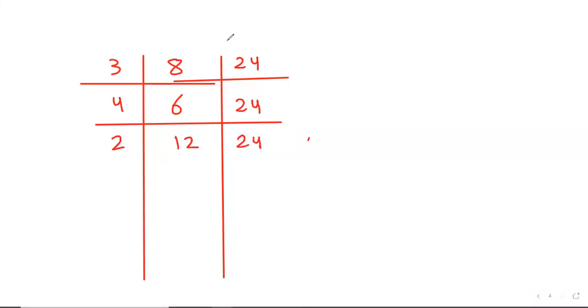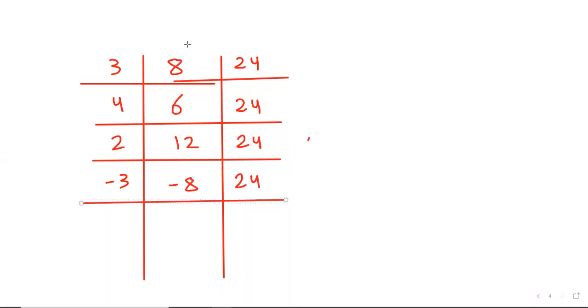What else? We can multiply negative 3 by negative 8. Negative times negative is positive, and 3 times 8 is 24. And we can multiply negative 4 times negative 6, and also negative 2 and negative 12.